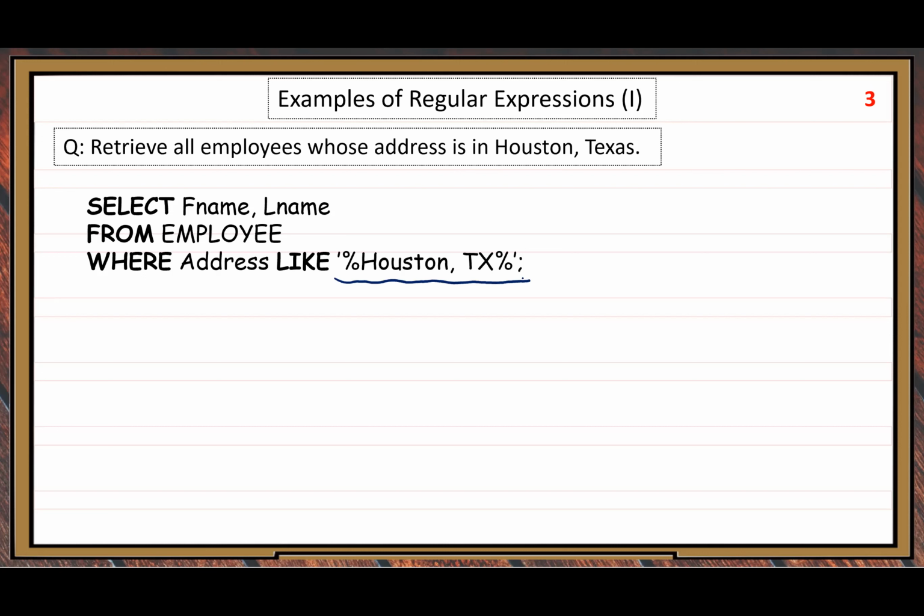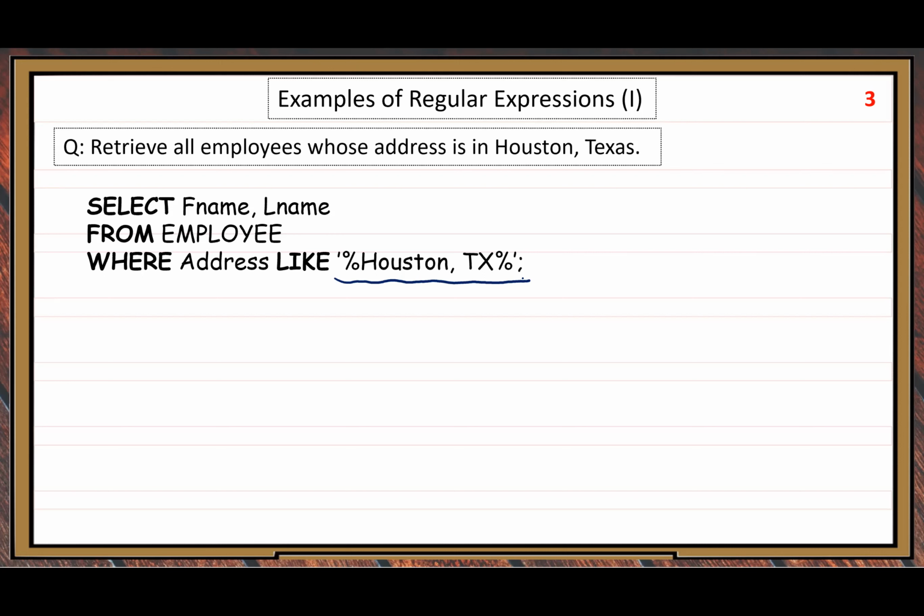A % sign before Houston means any number of characters before Houston can match. Similarly, a % sign after TX means any number of characters can appear after TX.